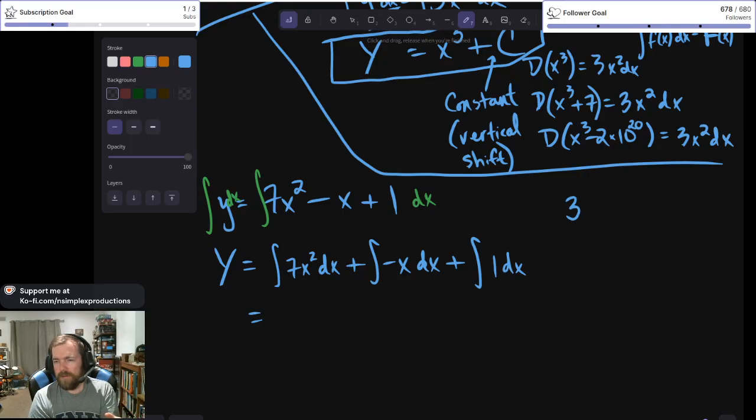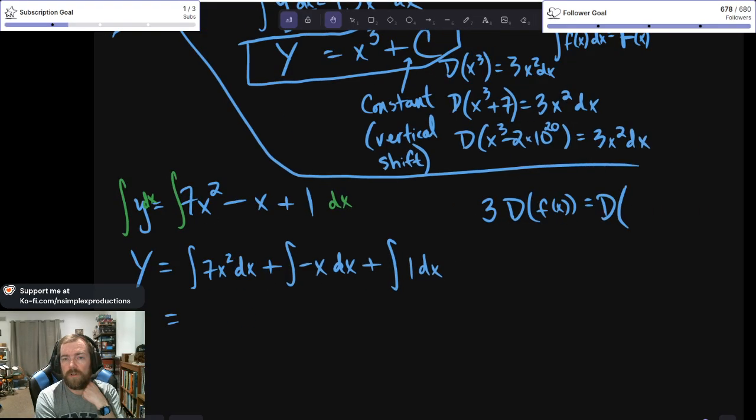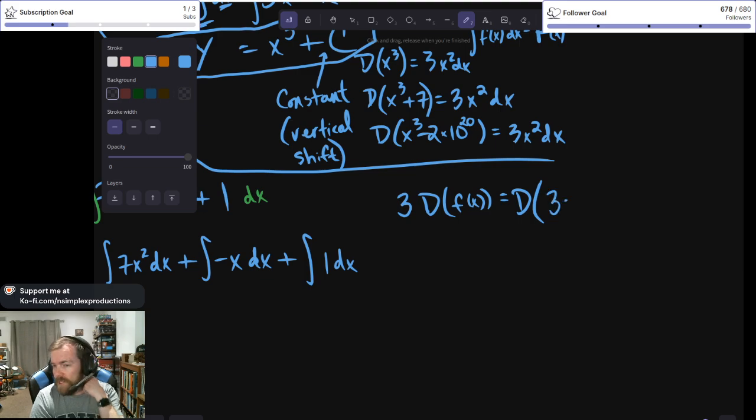So 3 times the derivative of f of x is going to be the same as the derivative of 3 times f of x. It doesn't matter where the constant is. So we're able to move that in and out without any problems. The same is going to be true for integrals, and there's further reasons for it, but basically it's a limit, and it's a sum. So with sums and limits, you can take constant multipliers out.